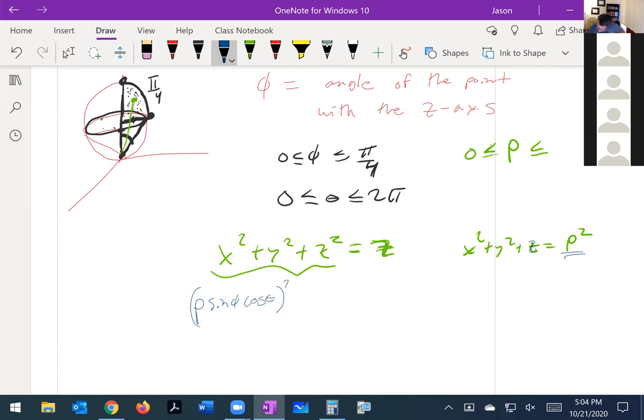Let's square that. Plus y, which is rho times the sine of phi sine of theta, squared. And then plus z, which is rho cosine of phi, squared, and we're going to see what we get.